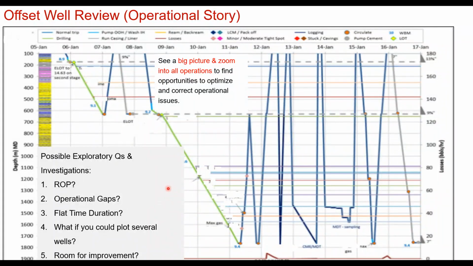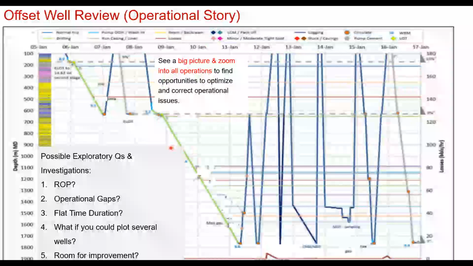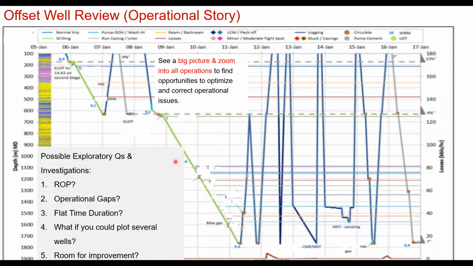One day on the rig, $75,000 or $50,000, depends where you are. Why not use digital offset analysis as a big picture, as a small picture, but it will really help you get a grip on what you are dealing with, what kind of well you will be dealing with. Okay.